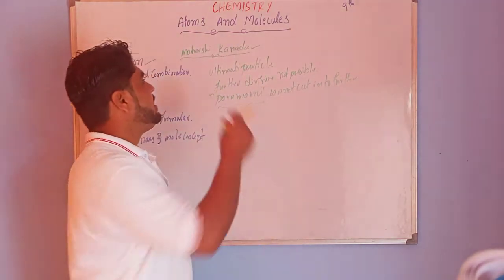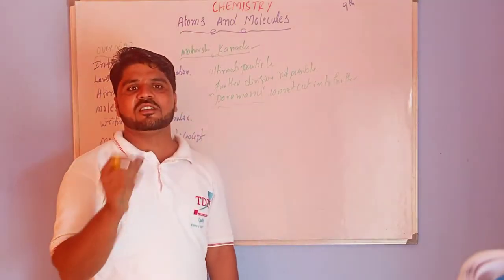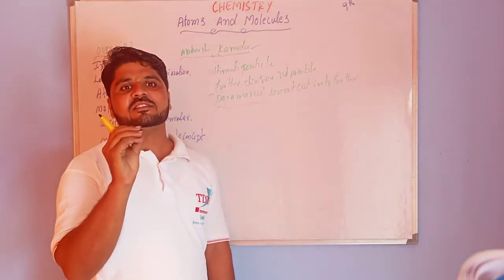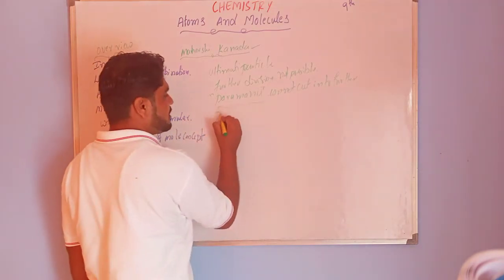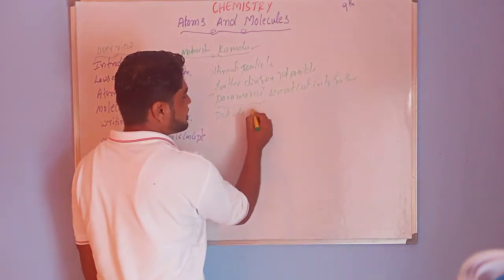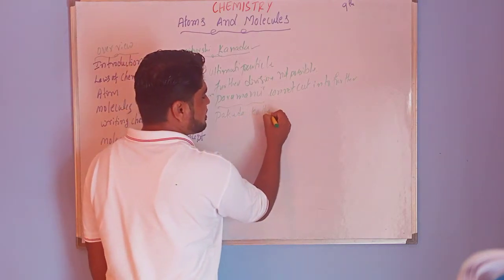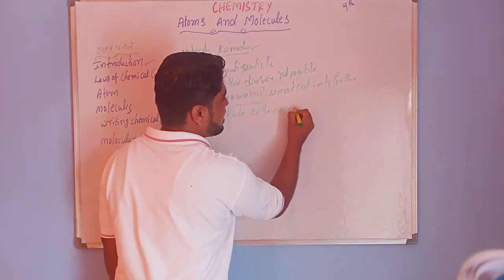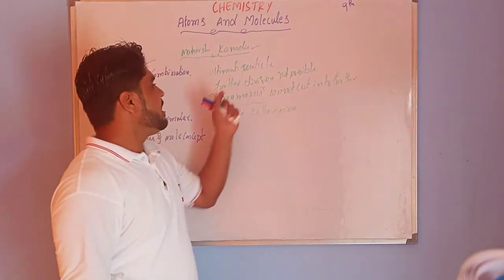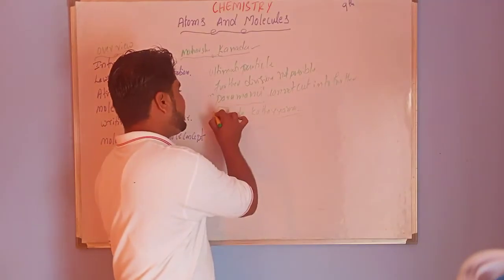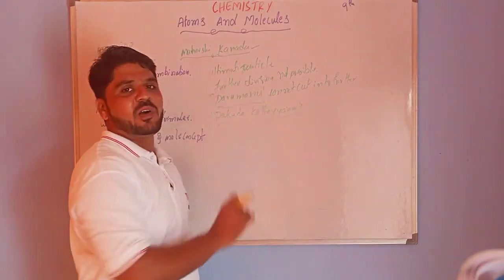One more Indian philosopher, his name is Pakuda Katyayana. He elaborated this concept of Paramanu.